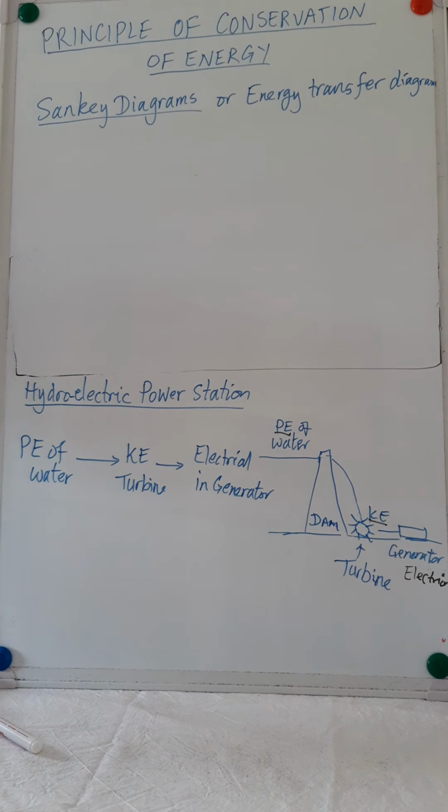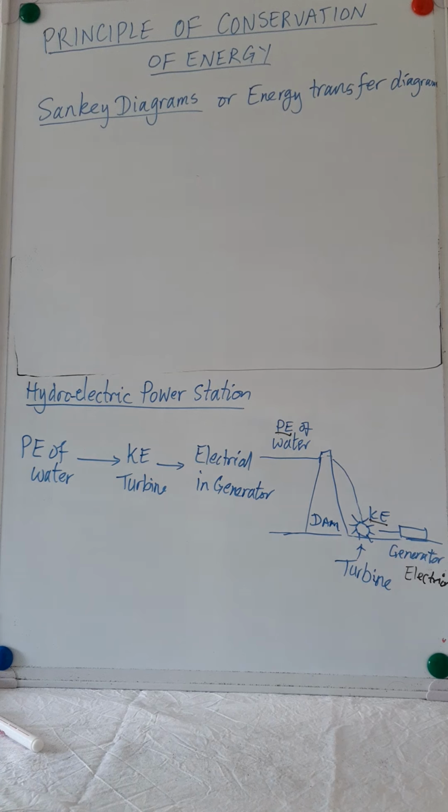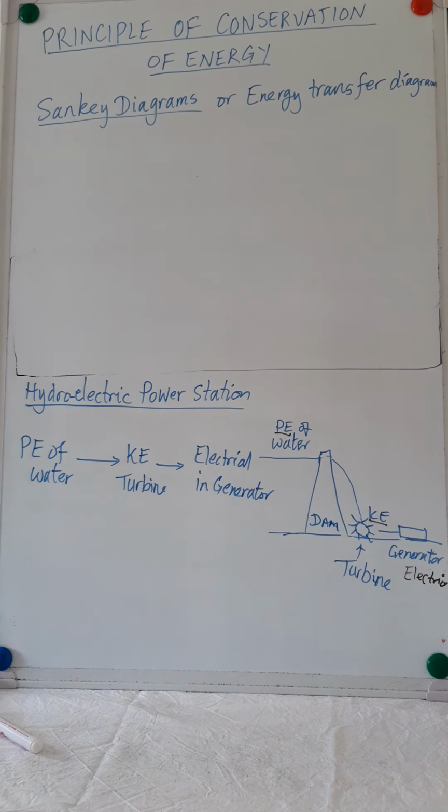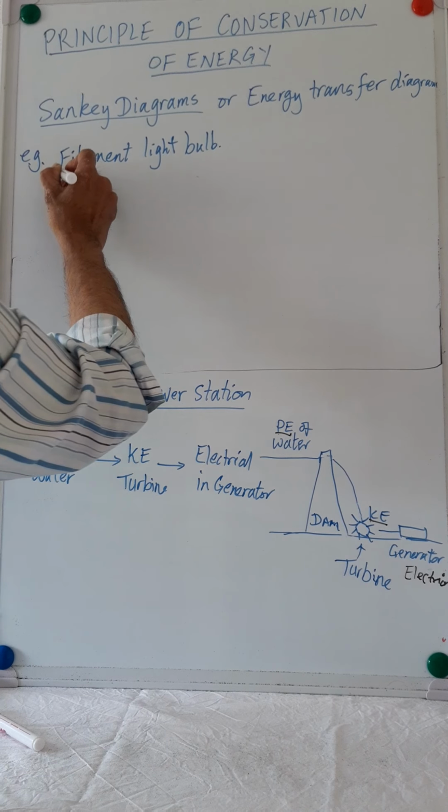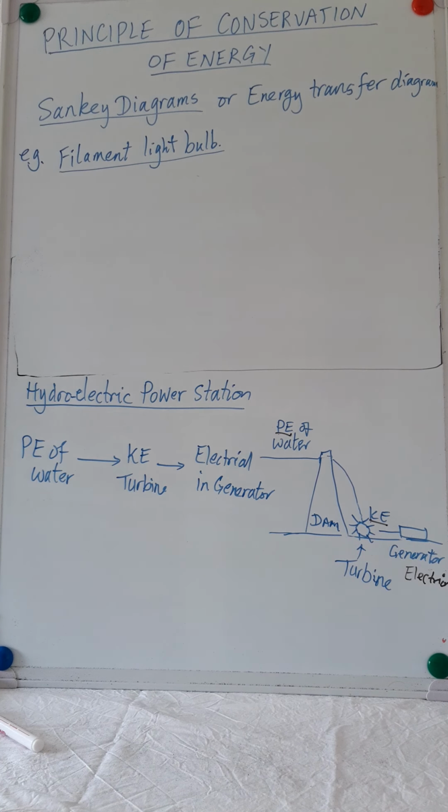What we do in the Sankey diagram is that the thickness of the arrow, drawn to scale, represents the energy. We will do this with an example. Filament light bulb. The old light bulb.